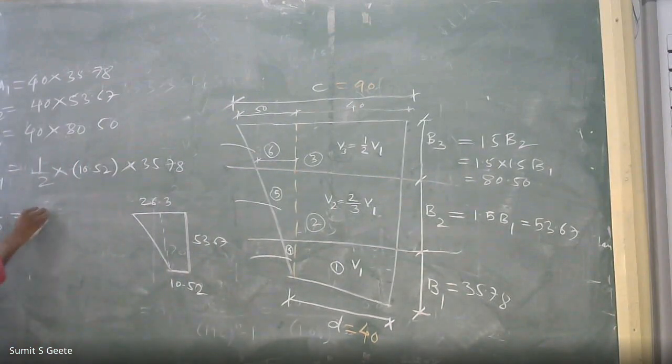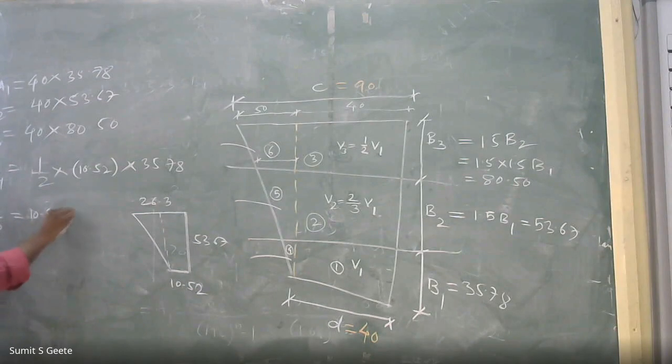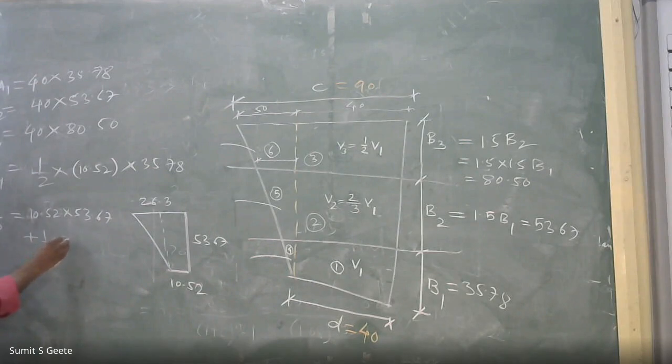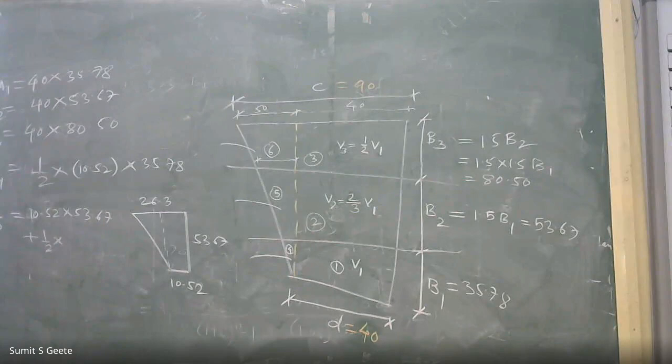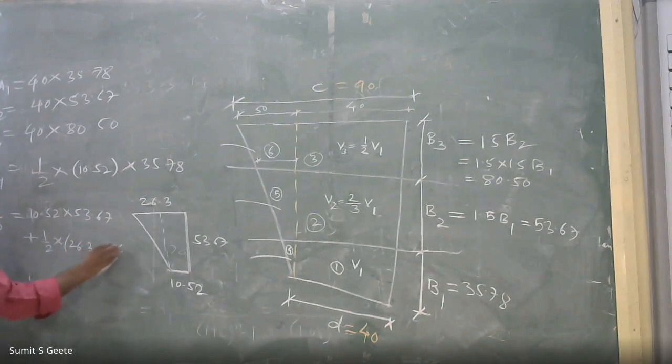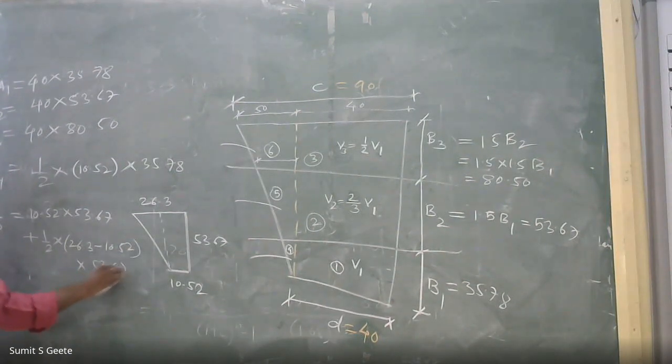So 10.52 into 53.67 plus half into base. और कितना रहेगा बेस कितना आएगा इसका? 26.83 minus 10.52 into 53.67.